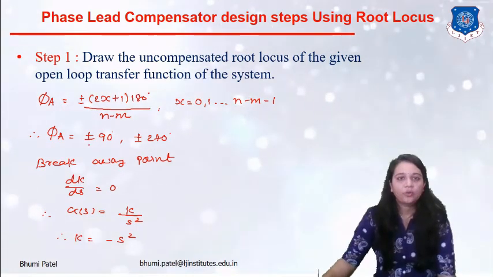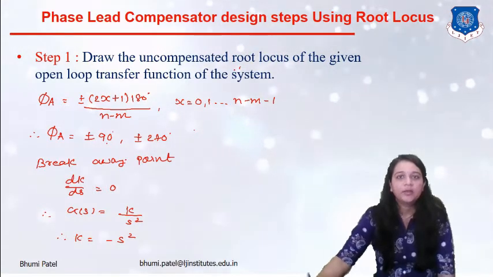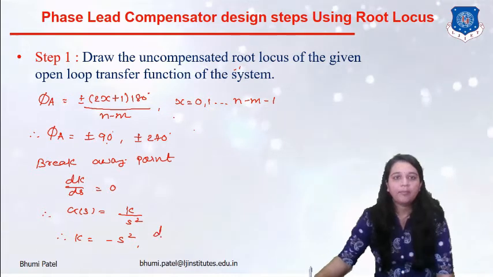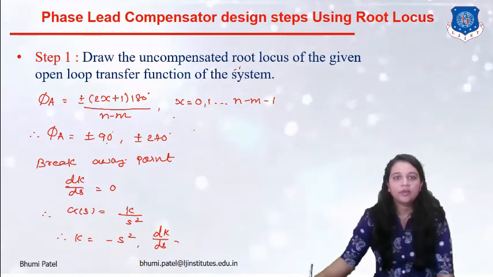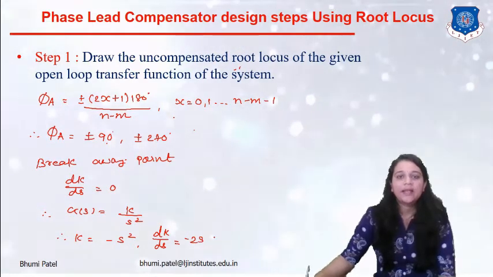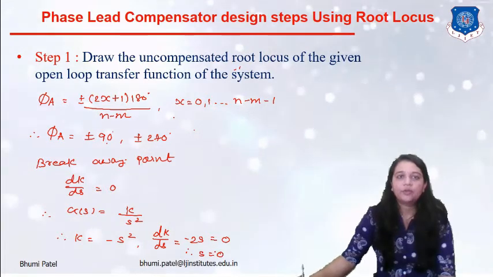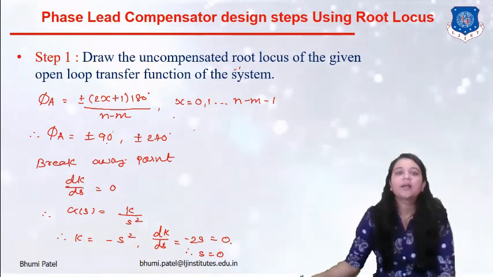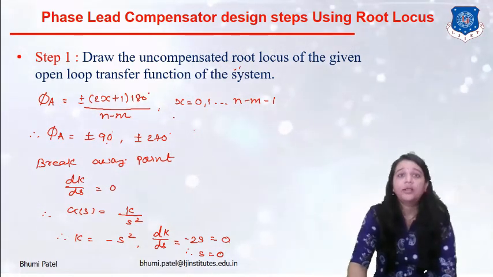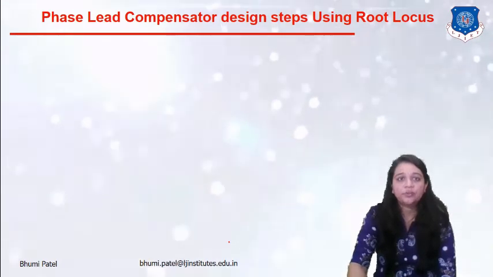So K = minus s², which means the derivative of K with respect to s, dK/ds, is the derivative of minus s², that is minus 2s, which is equal to 0. That means we get s = 0, so the value of the breakaway point is also 0. Now we have to draw the uncompensated root locus for the given open loop transfer function of the system.